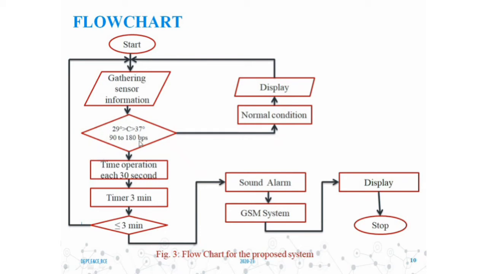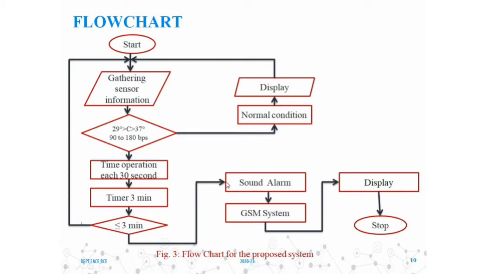In case it fails to attain this condition, the timer operation is for each 30 seconds and the timer is for 3 minutes. If it fails to attain this condition in less than 3 minutes, the process continues again from the beginning, and if it fails even after 3 minutes, it will generate a sound alarm.